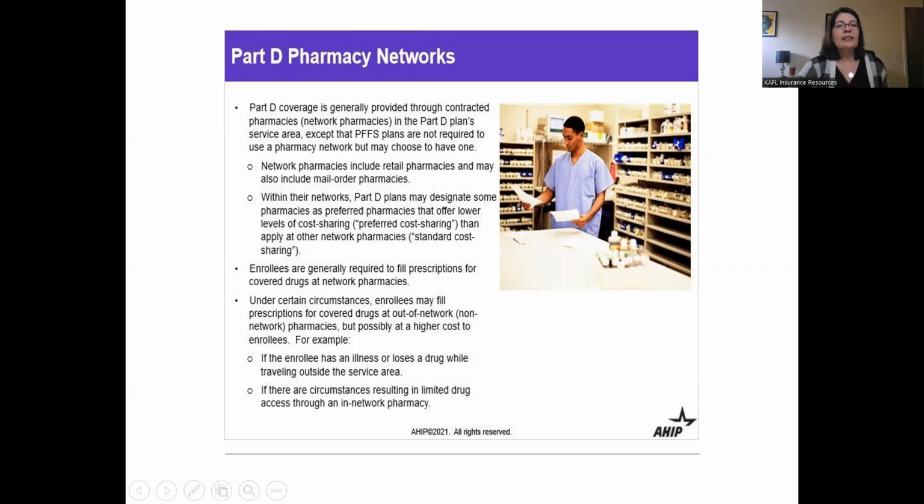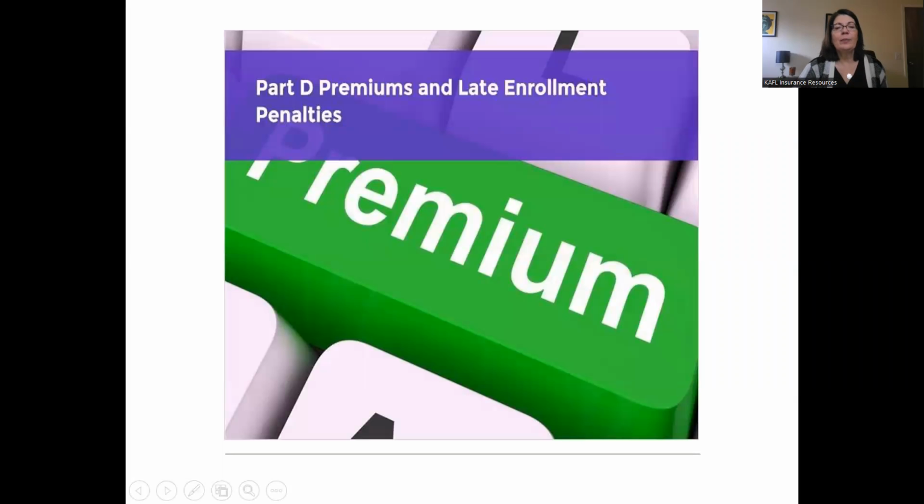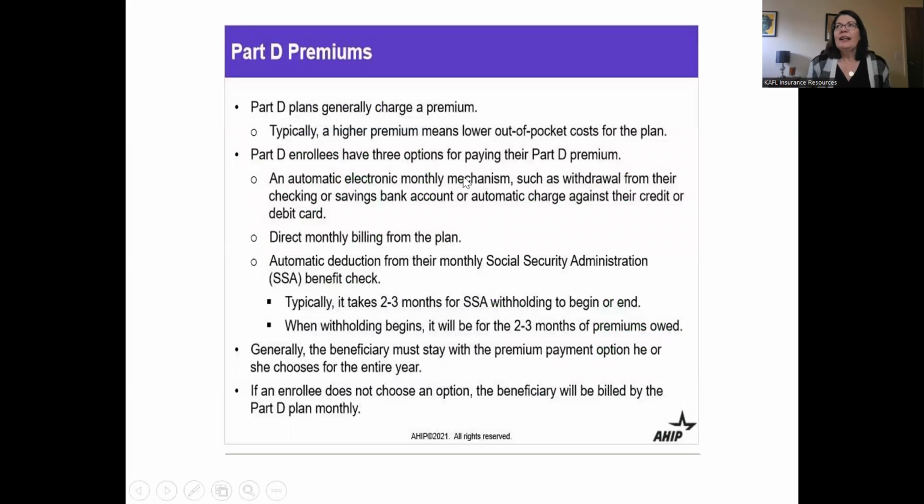Okay, so we're going to talk next about Part D premiums and the late enrollment penalty. What I've seen is sometimes someone will go on Medicare. They're turning 65, they're going to go on Medicare, and they're not on any prescription drugs.